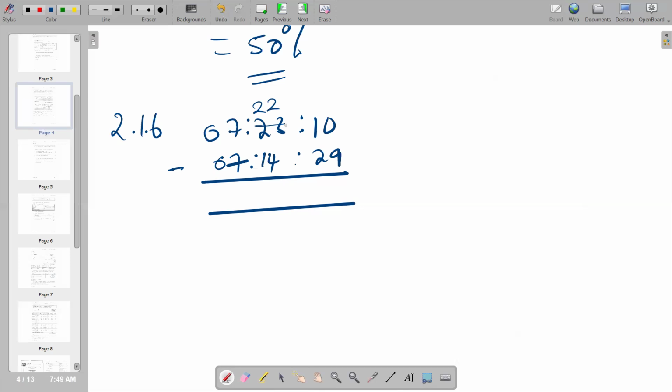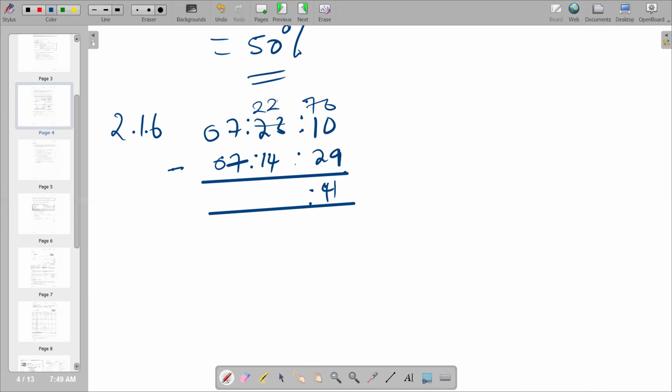Remember, 1 minute is equal to 60 seconds, and the 60 seconds are to be added to 10 to become 70. So we are now saying 70 minus 29, and you see that the answer you are supposed to get becomes 41. So this is 41 seconds.